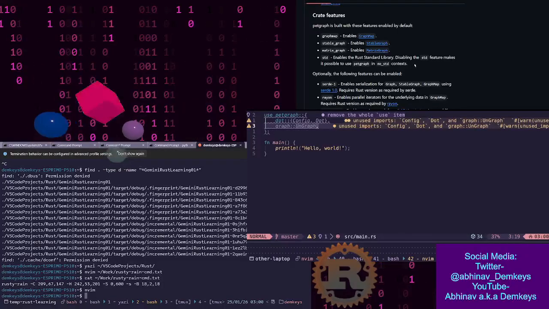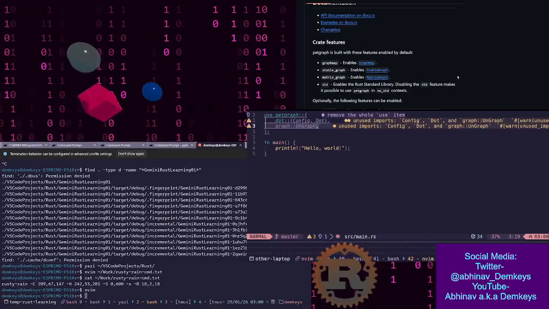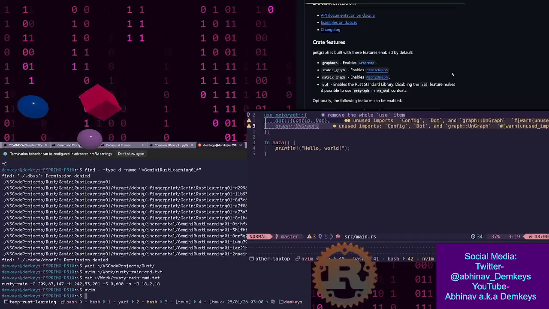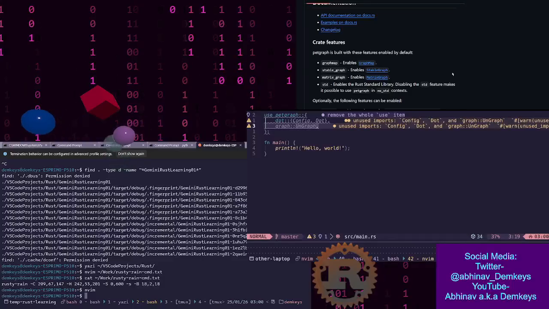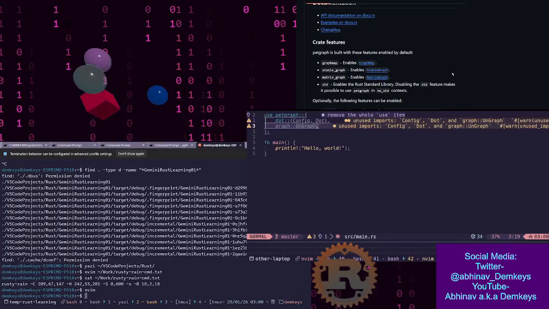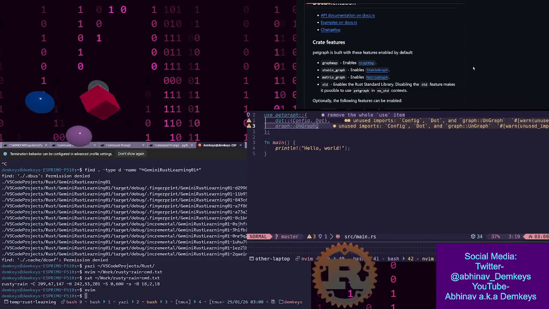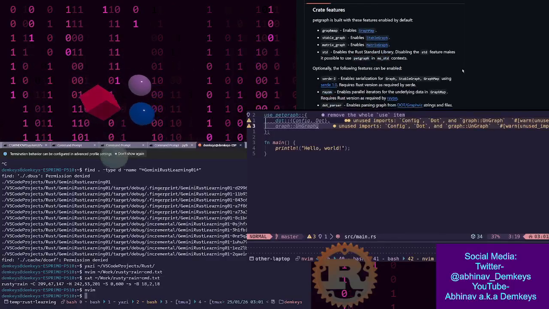Disabling the STD feature makes it possible to use petgraph in no STD contexts. That is exciting for me because this means that I can use graphs in embedded Rust. So when I'm doing ESP32 Rust programming, if I ever need to create complex logic, I would be able to do it using graphs.